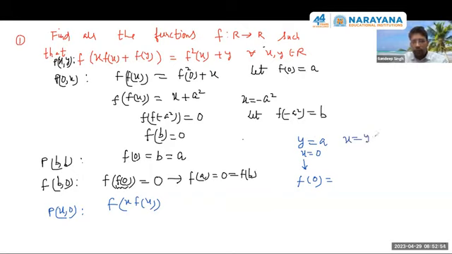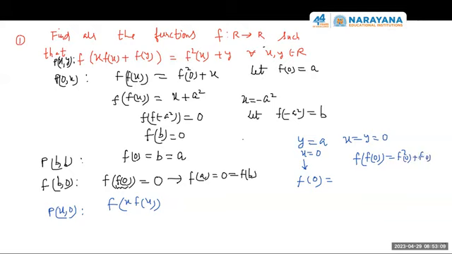If x and y both are 0, you will get f of 0 as f square 0 plus f of 0. Sir, x0 and ya we have substituted.